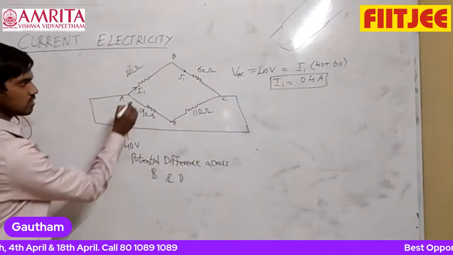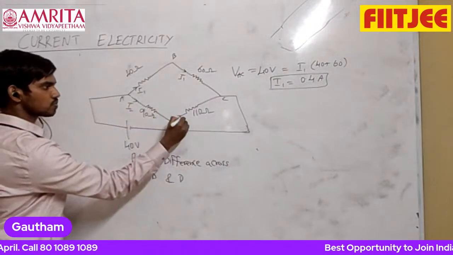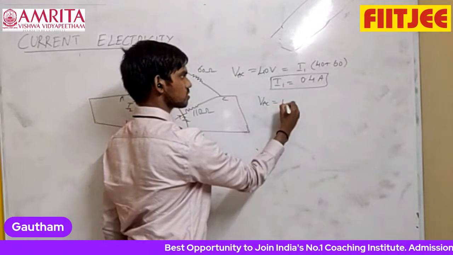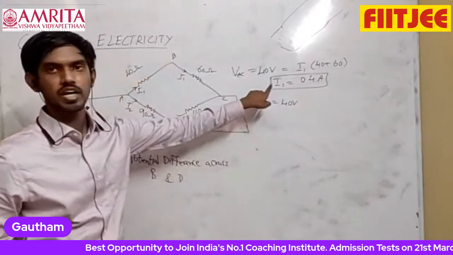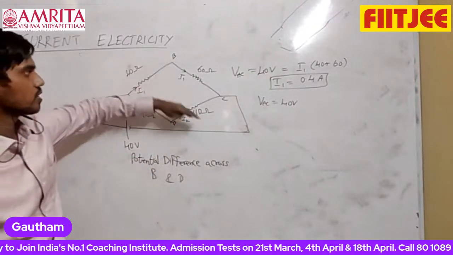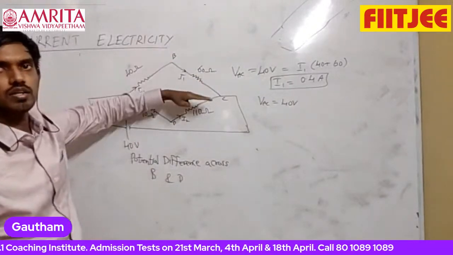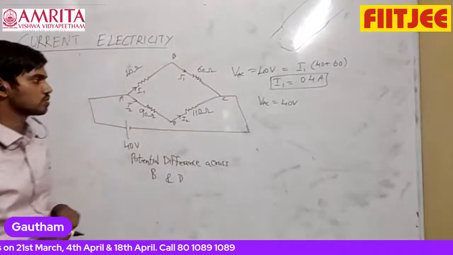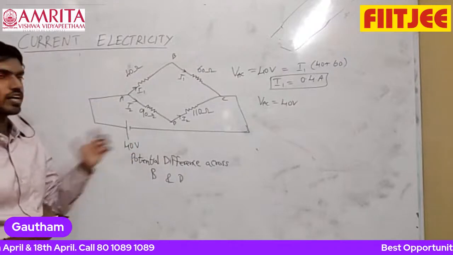Similarly, you can find the current through the lower branch, I2, with the same potential drop of 40 volts. While finding I1, this resistor didn't matter, because multiple parallel branches are there. Current through each of them depends only on the battery it's connected to, assuming an ideal battery.